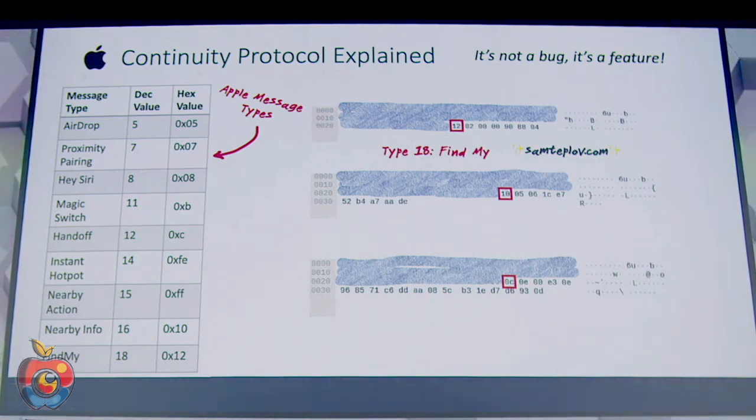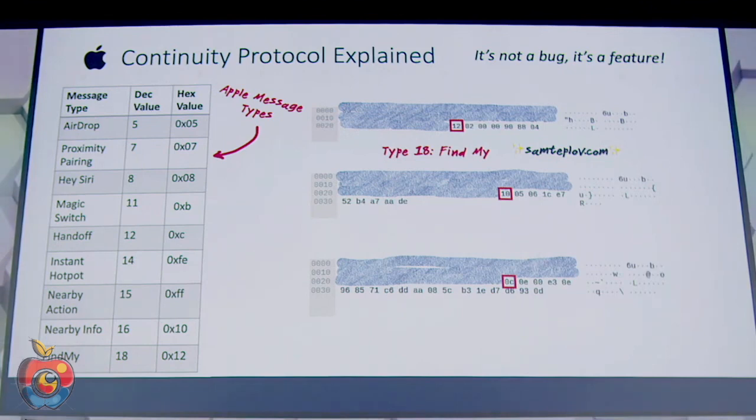Every time a new Wireshark version was coming out, he'd say, yeah, I'm going to port it to the new Wireshark version. And he started noticing that there was this new message type, type 18, coming from his phone. And we were like, oh, we've never seen this before. What is this? It wasn't published in any papers. And so Sam discovered the Find My protocol for offline finding and for AirTags before AirTags were even mentioned.